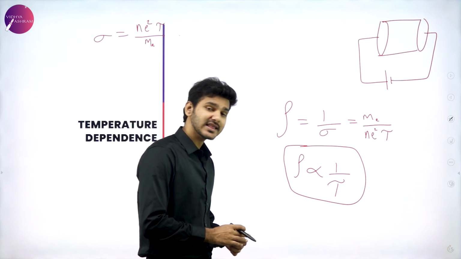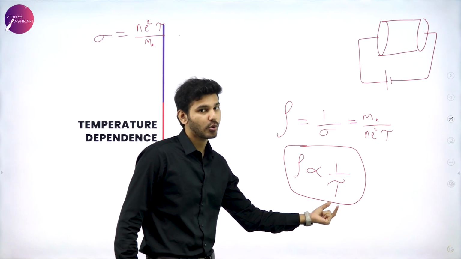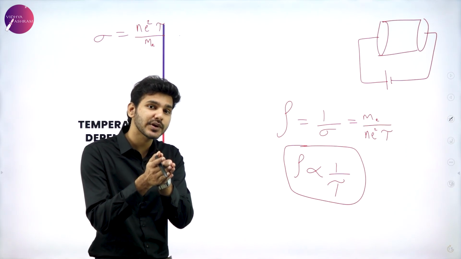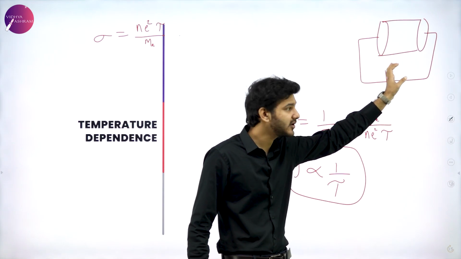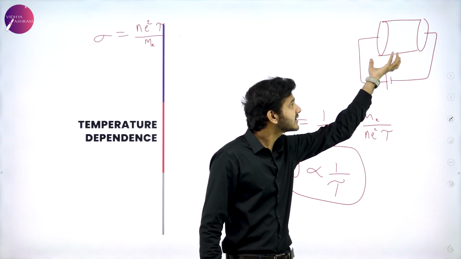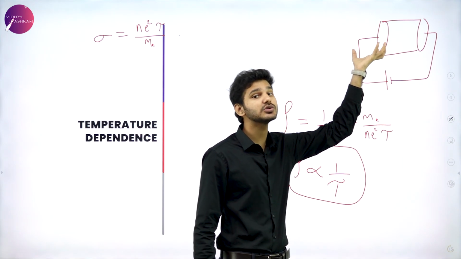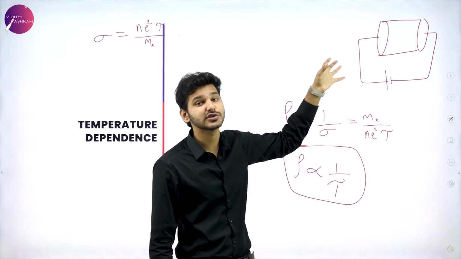So we can say that right here, resistivity is inversely proportional to tau, which means that as temperature is given into the system, if current is flowing through it, because of resistivity and resistance, the temperature of this particular system is going to increase.